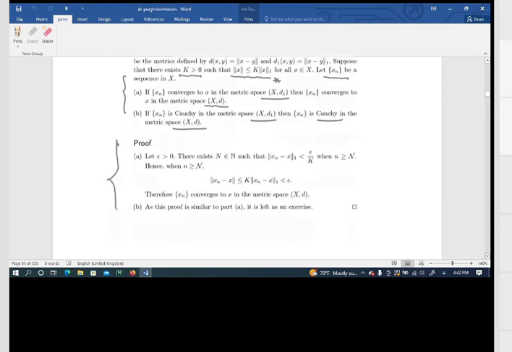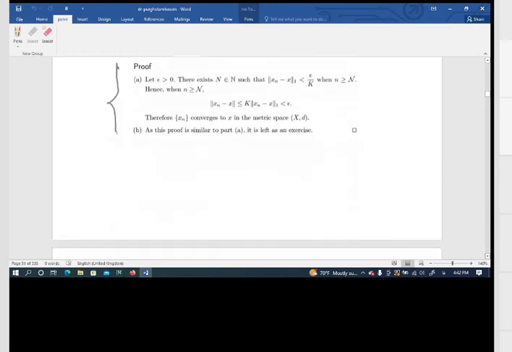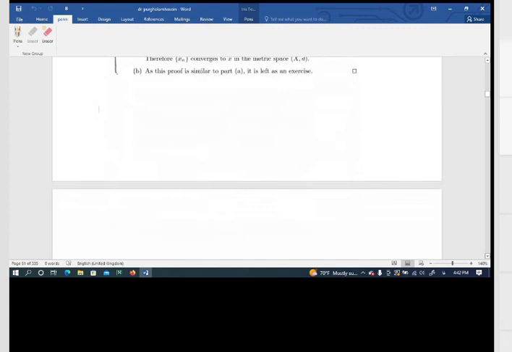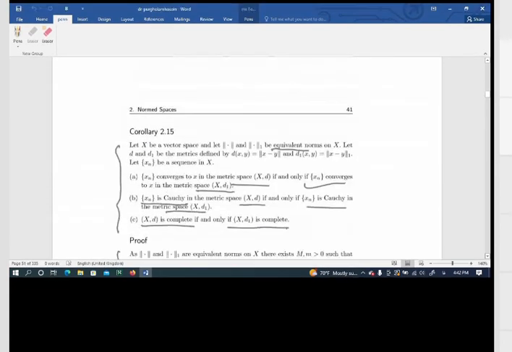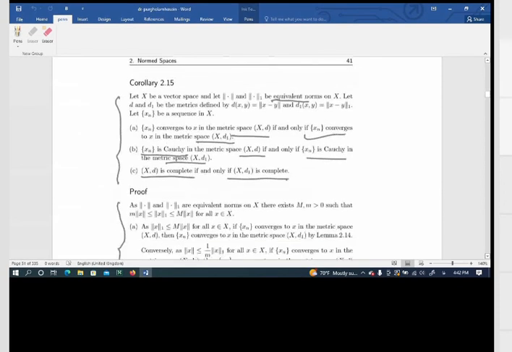equivalent, a sequence xn converges to x in metric space d if and only if xn converges to x in metric space X and d1.